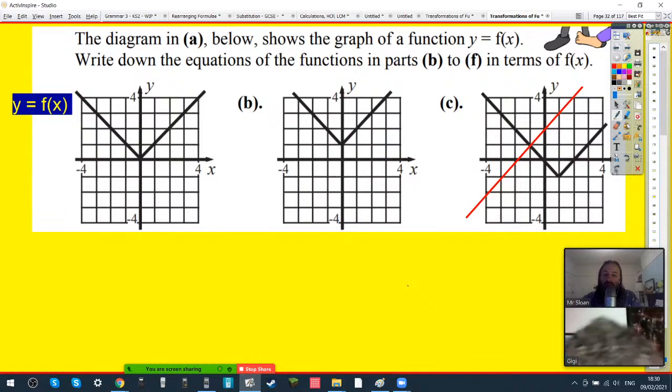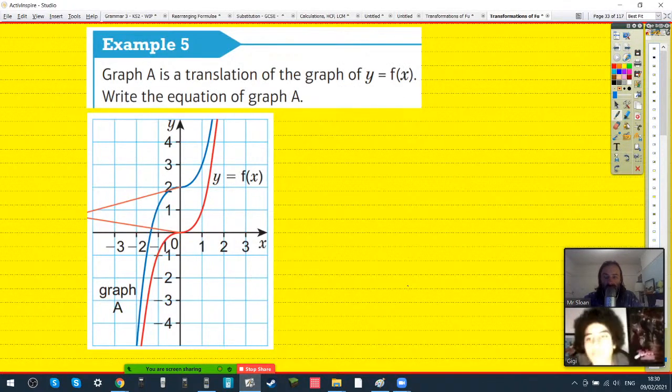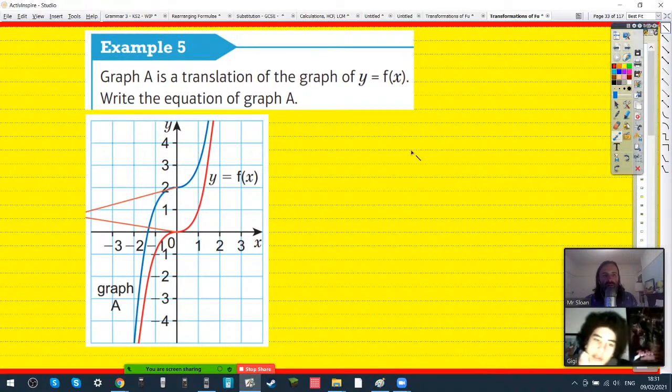You're going to be fine for this, I think. Okay, how about this one? Translated by x plus 2. I mean, 0, 2. They want the equation of the new one. Oh, this is the old one. y equals f of x plus 2.